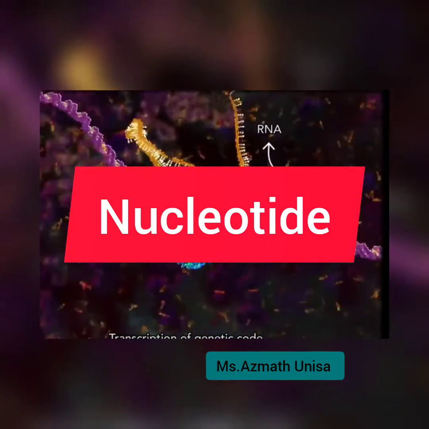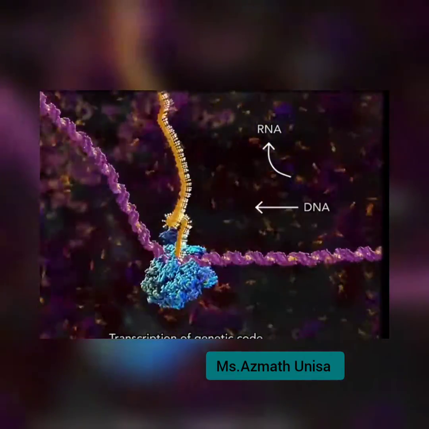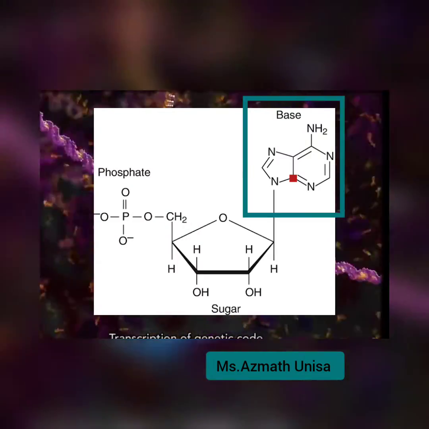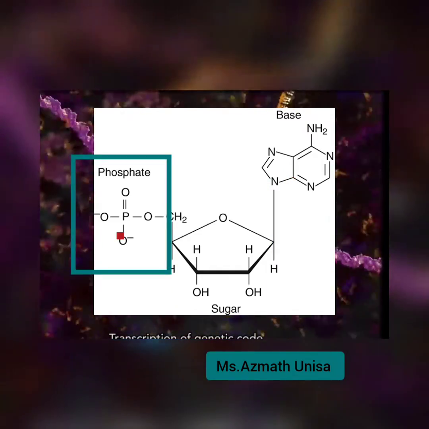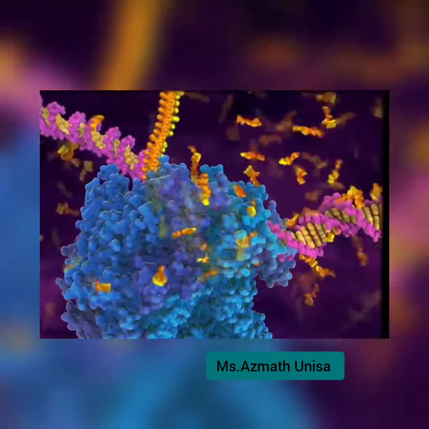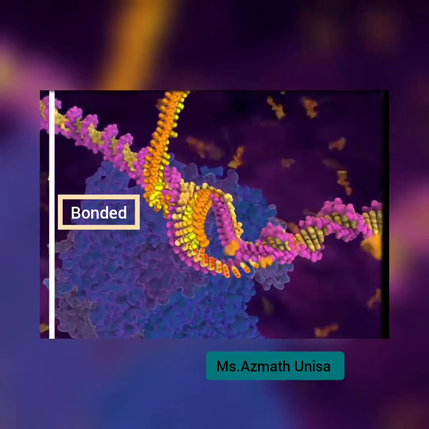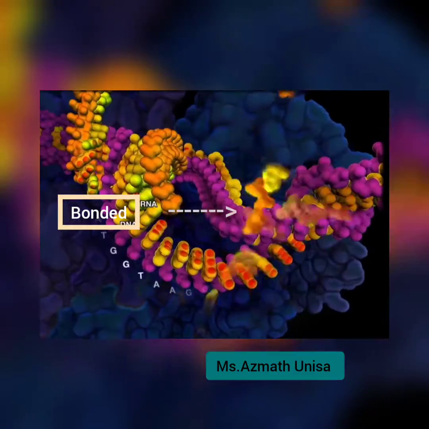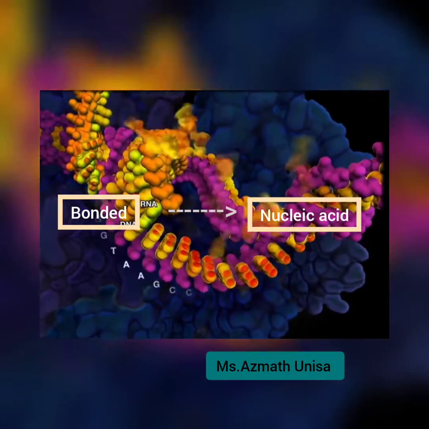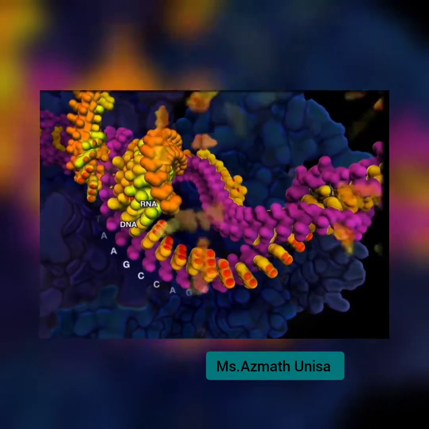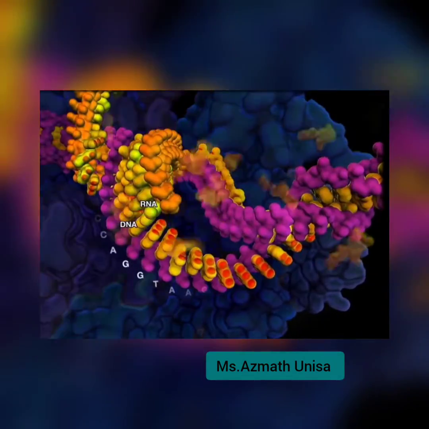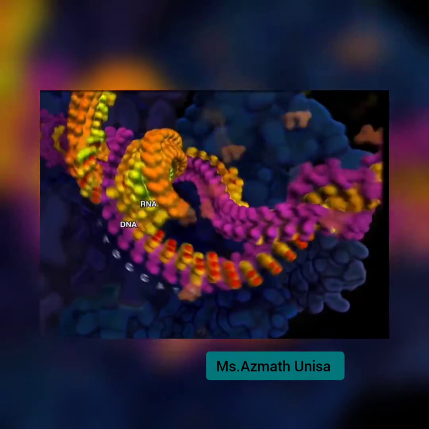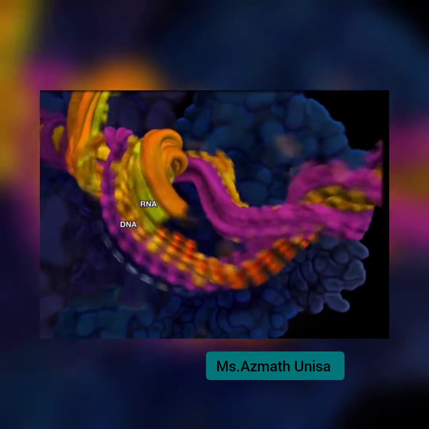Each nucleotide contains a nitrogenous base, a 5-carbon sugar, and at least one phosphate group. When bonded together, nucleotides create nucleic acid, that is the string of DNA. Nucleotides can also stand independently and interact with cells in other ways.